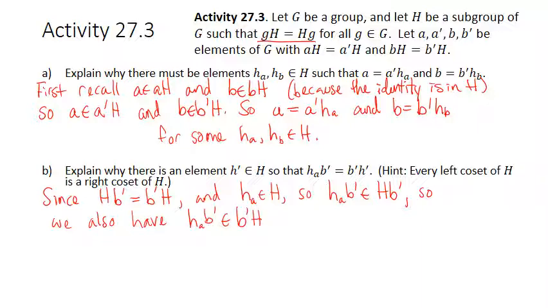So it also has to be in that one. So if it's going to be in there, there must be some element of H that let it be in there. So we're just calling that H prime. So HAB prime has to equal B prime H prime for some H prime in H. Okay, so that is part B.